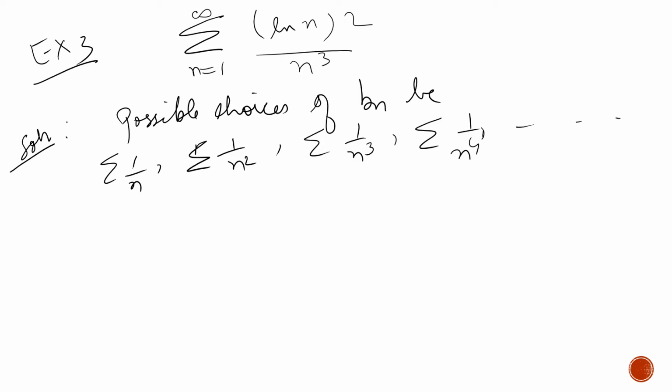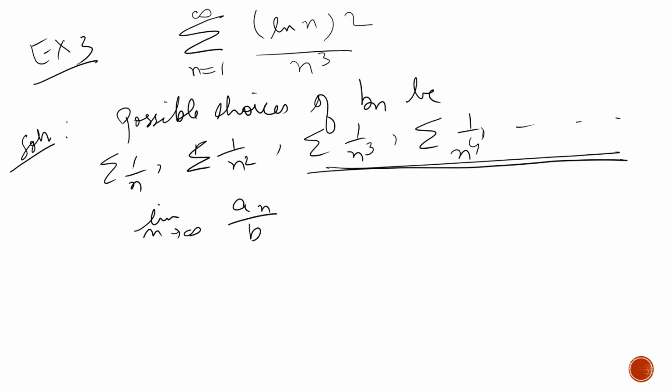Now if you divide an by bn for these choices, you will get infinity. So by direct observation, you will see that limit n tending to infinity an by bn will be infinite for summation 1 by n cube, and so on.